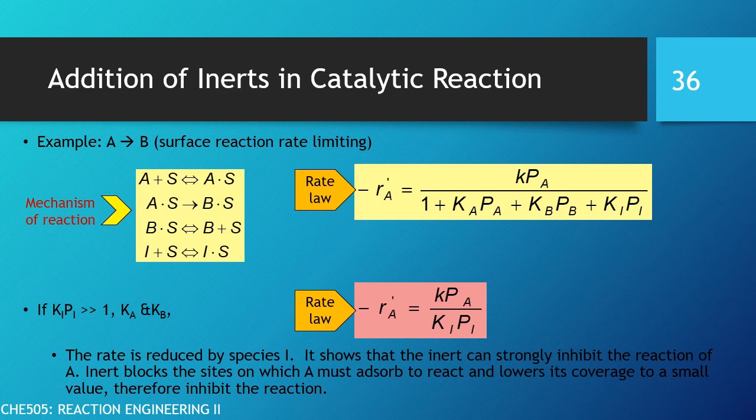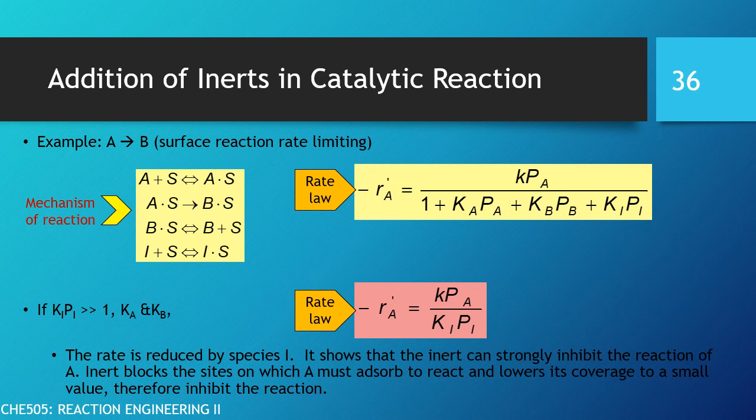Because of that, K_I P_I will be larger than the other denominator terms. So we can simplify the equation by eliminating K_A P_A, K_B P_B, and 1. The rate law becomes the equation in the pink table.